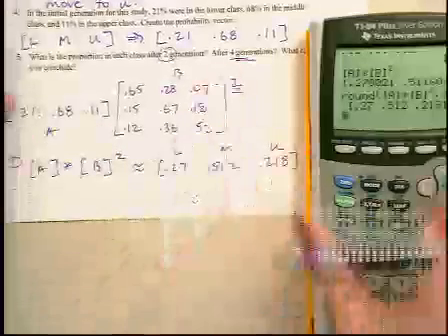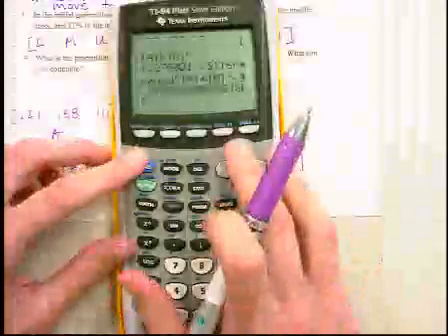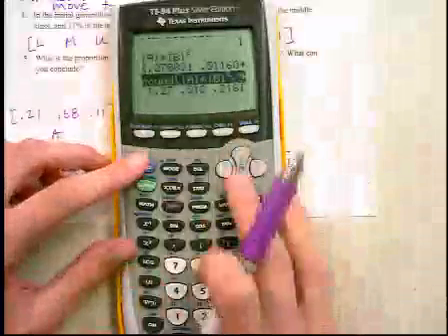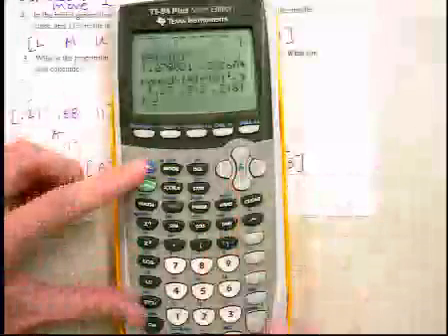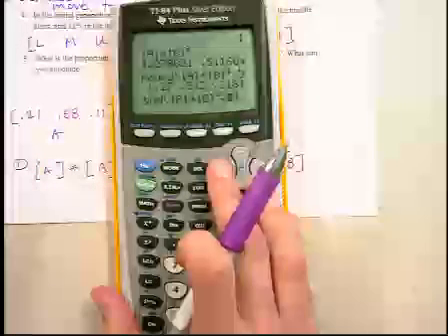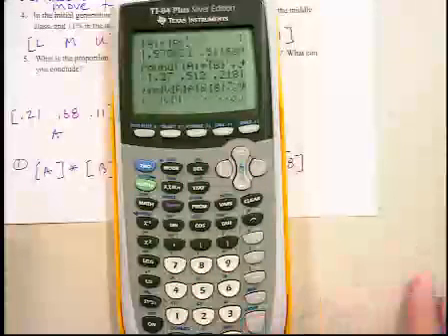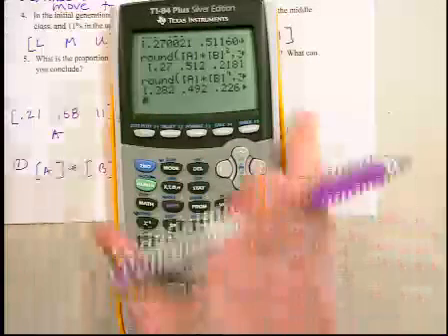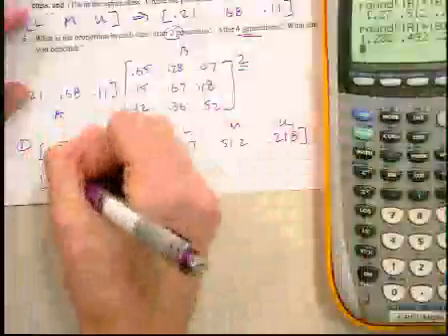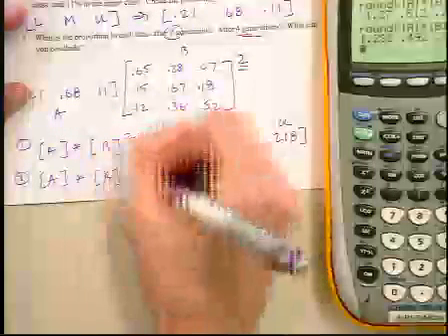Let's do now 4 generations. Okay, I am not going to type all that in again. I'm going to go back and I'm going to choose this one. If you can't arrow up and choose it, do second enter. And there it is. I want 4 instead. Look how quick that is. Okay, so after 4, this is A times B to the 4th.